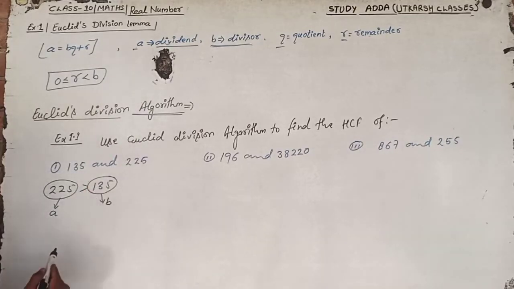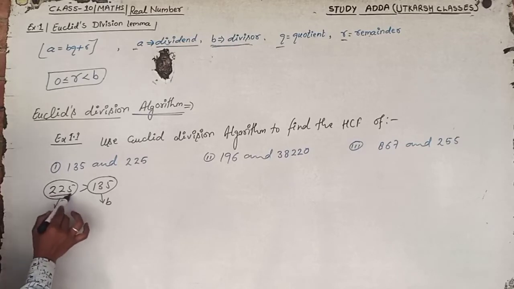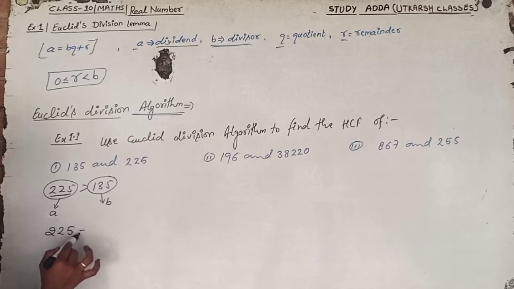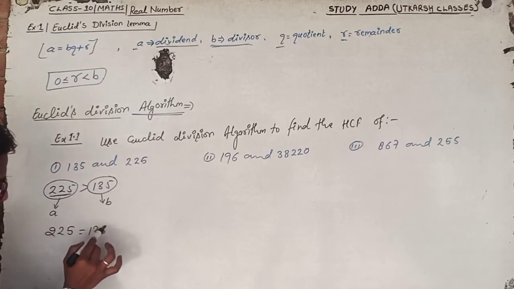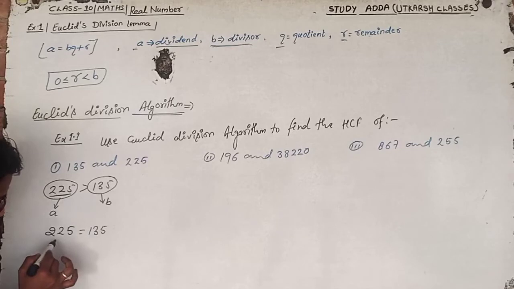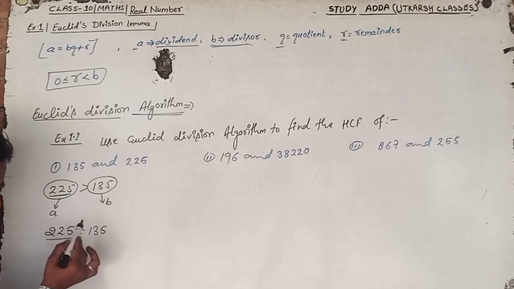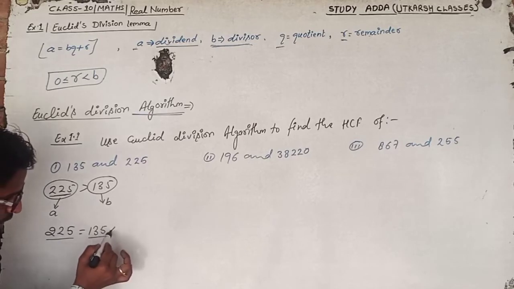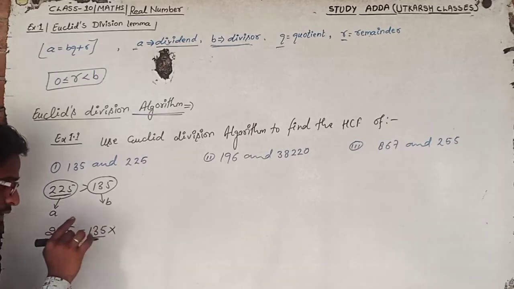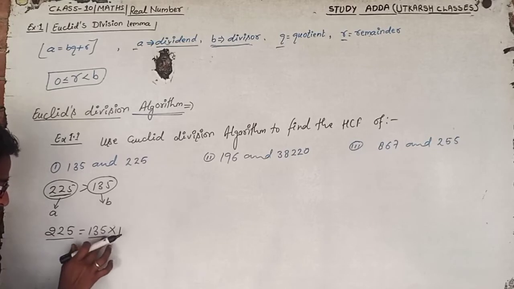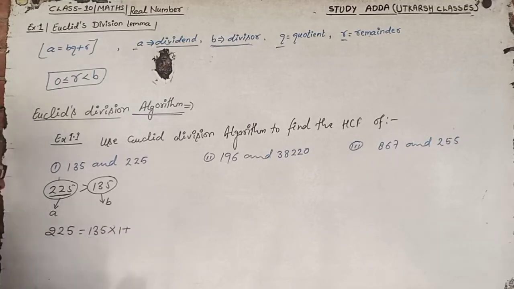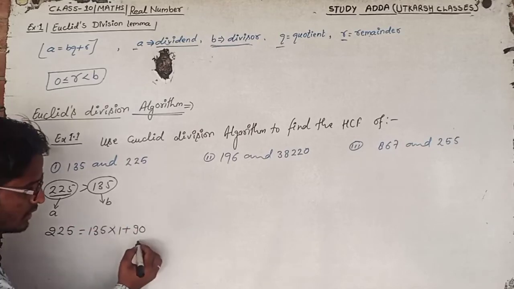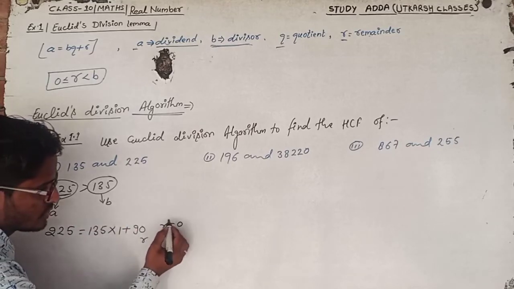By the Euclid division lemma, we write 225 is equal to 135 times 1 plus 90. 1 times 135 gives 135, which leaves the remainder 90.